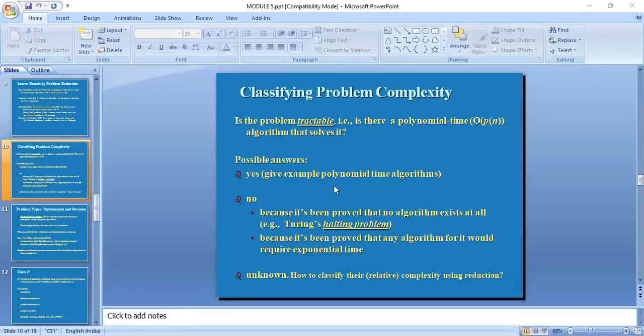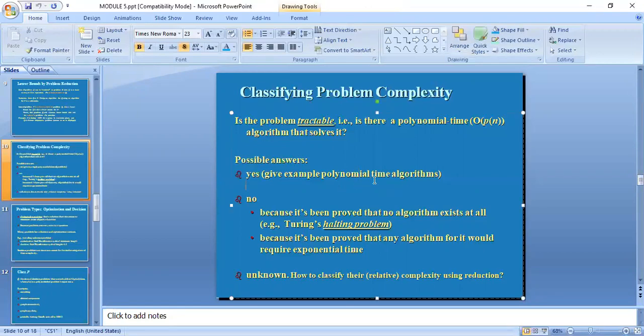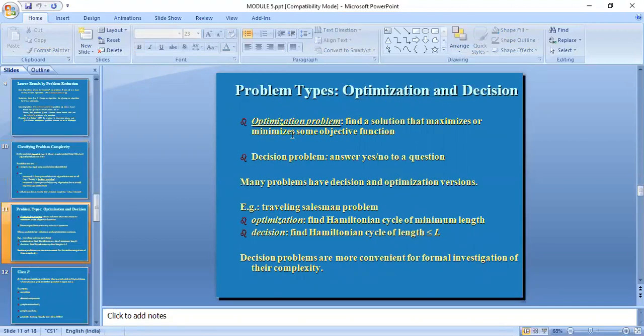So we require some exponential time complexity. How to classify is basically with the help of reduction. When you say reduction, there are two different types of problems. One is optimization problems, and another is called decision problems.